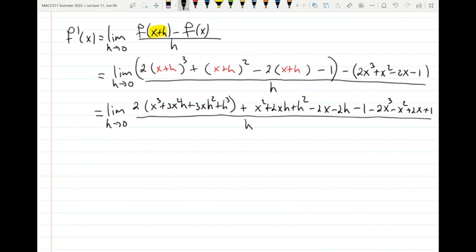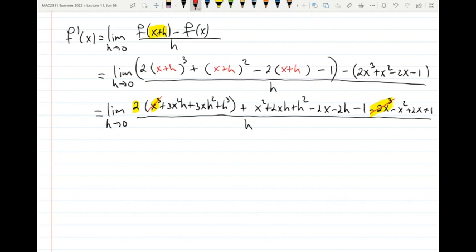Now, technically in the next step I should distribute this and then start canceling stuff, but we can do that now. Let's focus here. There is a negative 2x cubed, and over here there will be a positive 2x cubed. So this one goes with that one after I distribute the 2. Is that clear? What else is gone?